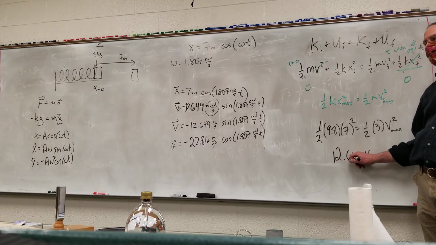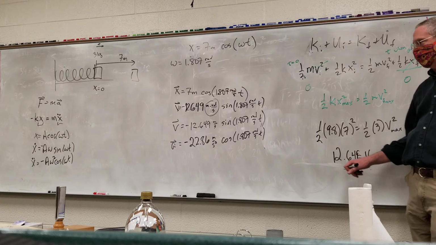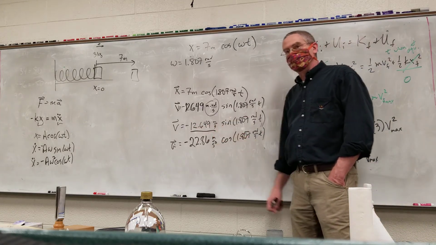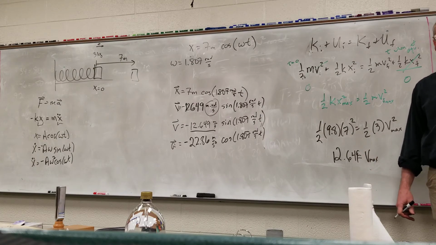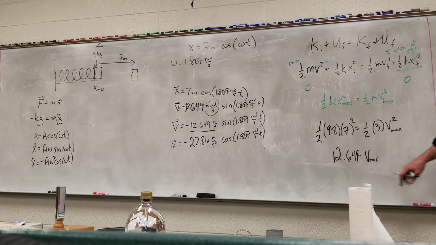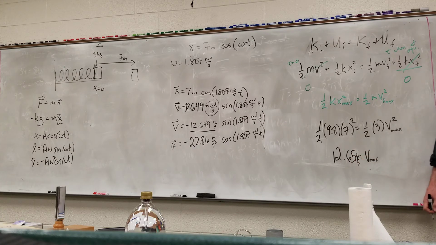You got 12.65. I was going for 12.649. Rounding differences is why that's a 4.9 and this is a 5.0, but it should be the same.